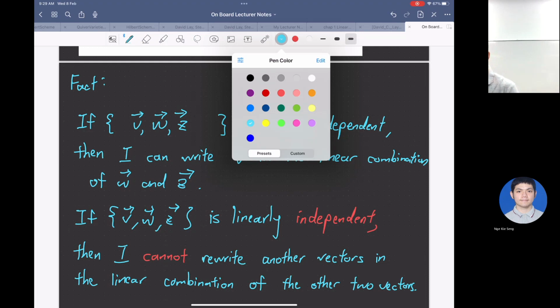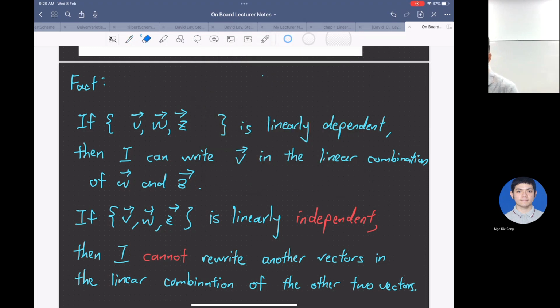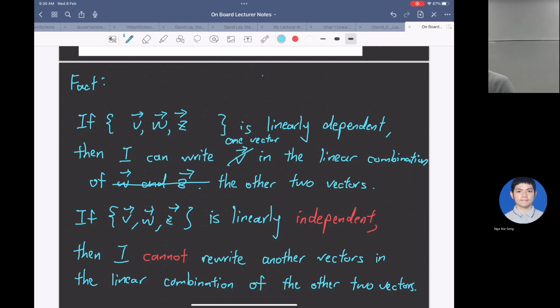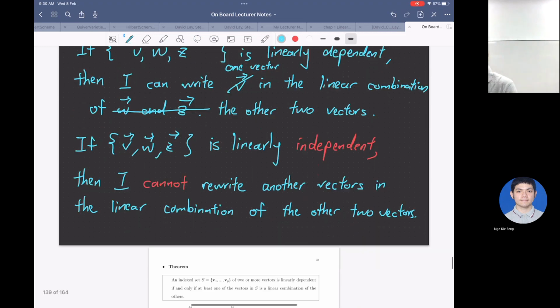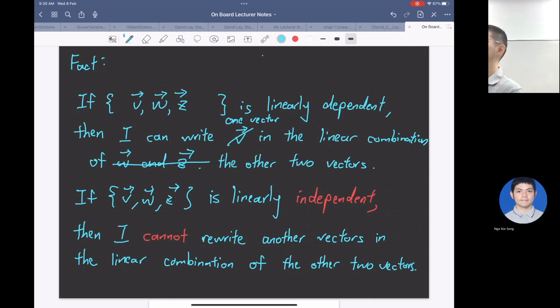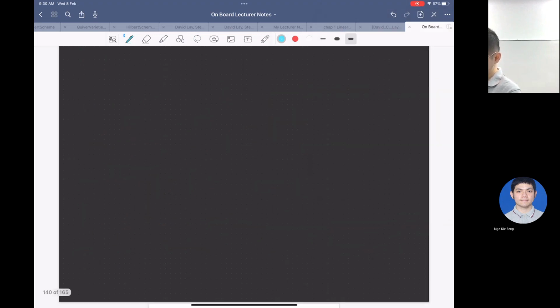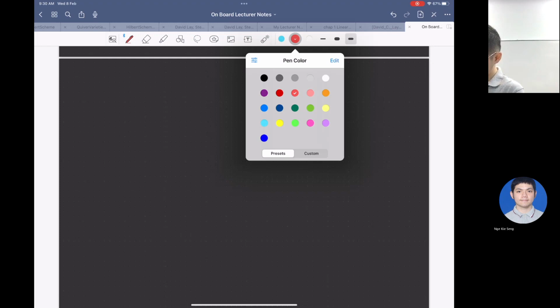So I think the first case here, I should say, I can rewrite one vector in terms of the others. Okay, is it confusing or not? A bit vague. Maybe just try an example again. Let's try an example.